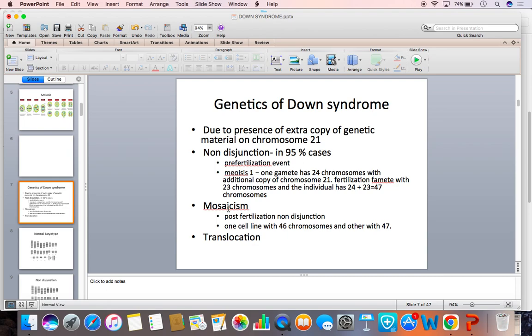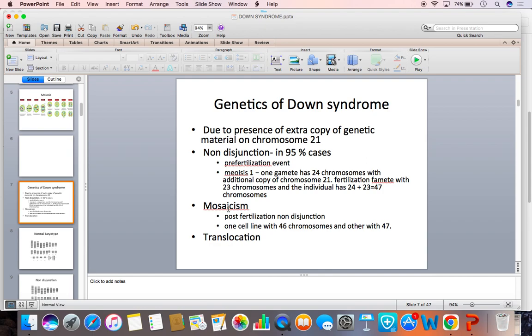That is, it usually occurs, the break occurs in the long arm of the 21 chromosome at the junction with the centromere, and it is relocated onto the short arm of the chromosome 14.